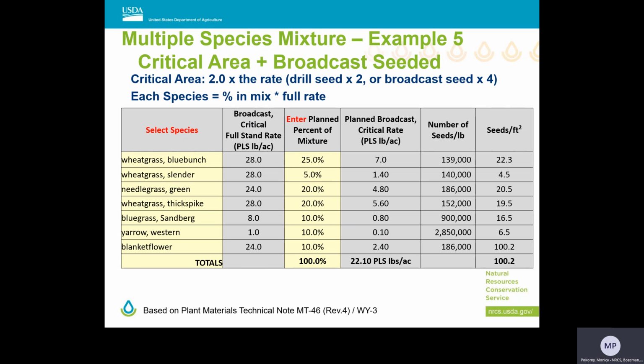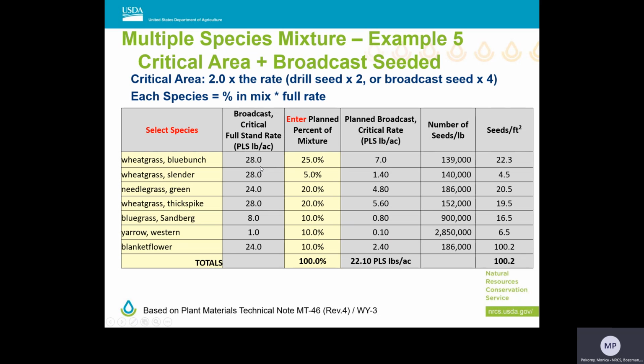And you can see in this example again, our full stand rate for drill seeding was 7 pounds per acre. For broadcast seeding, we doubled that to 14 pounds per acre. And now on the critical area site, we're doubling that again. So 28 pounds per acre.